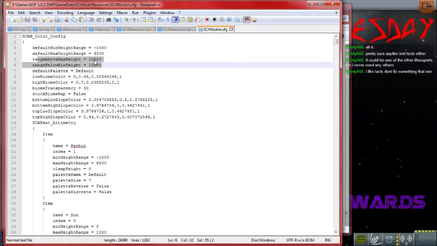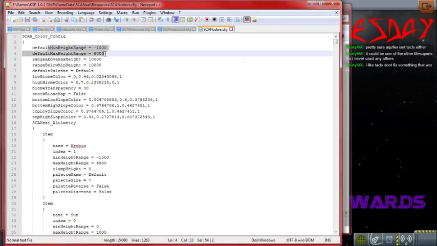So if it says 150 kilometers polar orbit, you have to be within 10,000 kilometers of that orbit. Default max height range, that is basically the scale on the colour coding.